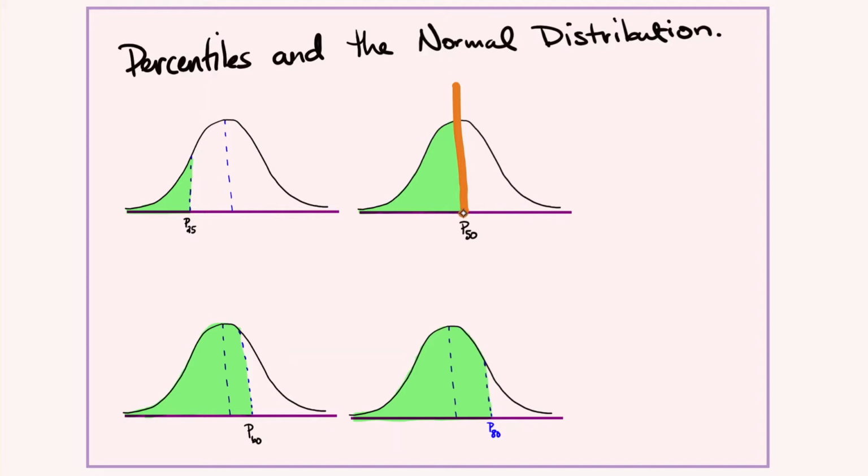So for instance, we know that a little bit before the middle of the curve, we see our 25th percentile. And what this means is that 25% of the data lie before this line, and then 75% of the data lie above the 25th percentile.